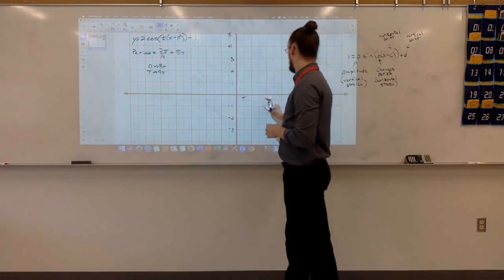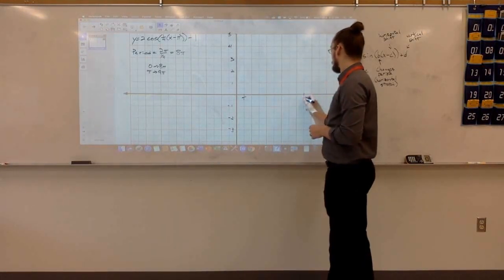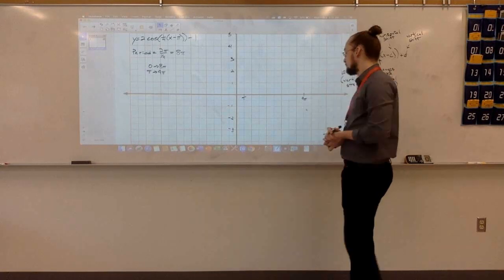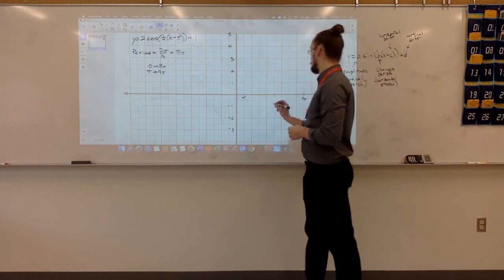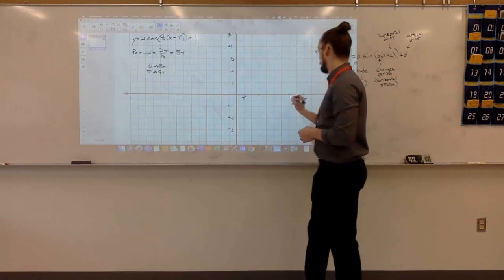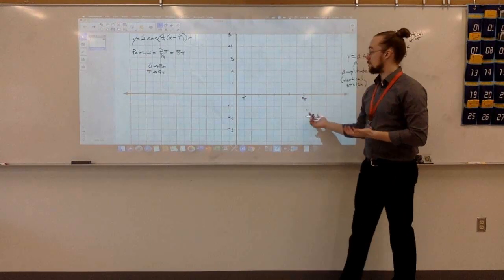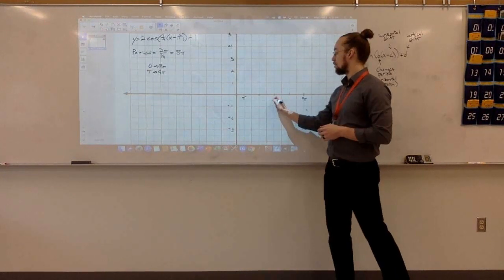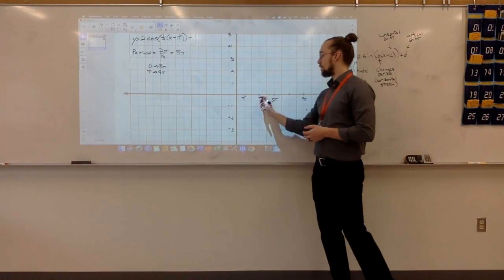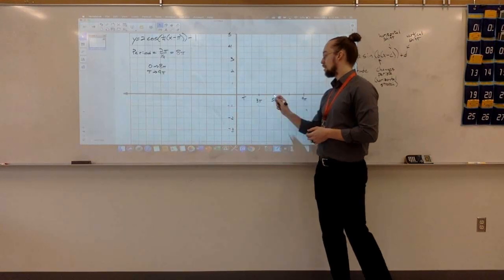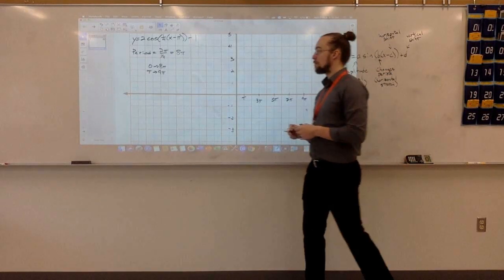So pi and then 9 pi. So to get our key points then, we want to find the points in between like this. Okay, we're essentially cutting that into quarters. So halfway between pi and 9 pi would be 5 pi. And halfway between pi and 5 pi is 3 pi. Halfway between 5 pi and 9 pi would be 7 pi.